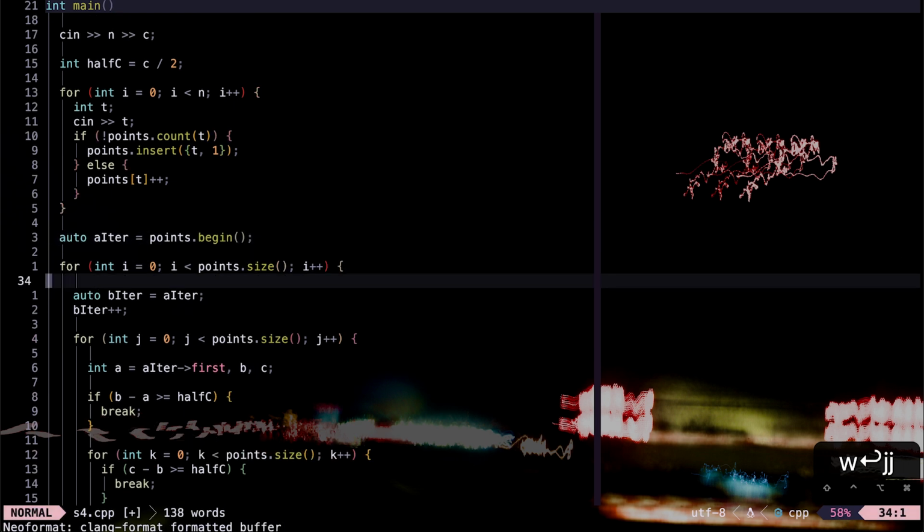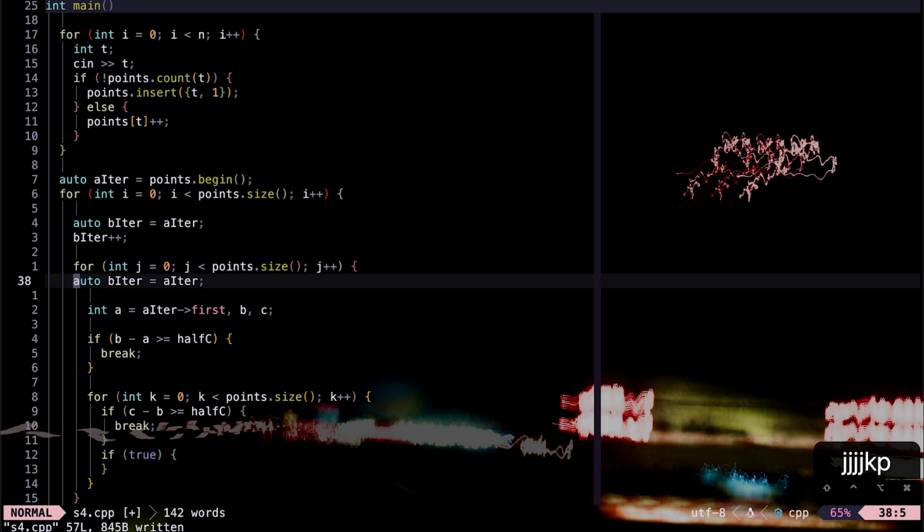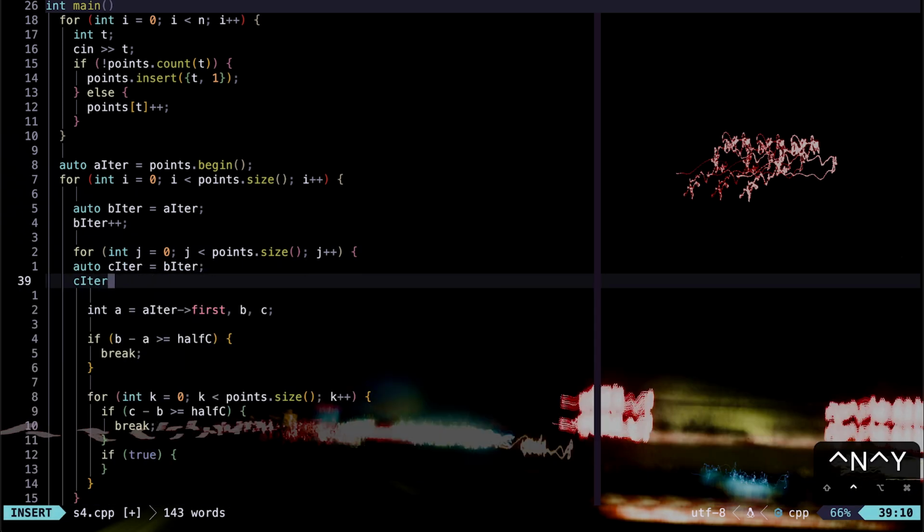Oh no, I get it. This will be here, and then the C iterator will be B, and then C iterator plus 1. Okay, this is the worst thing I've seen.